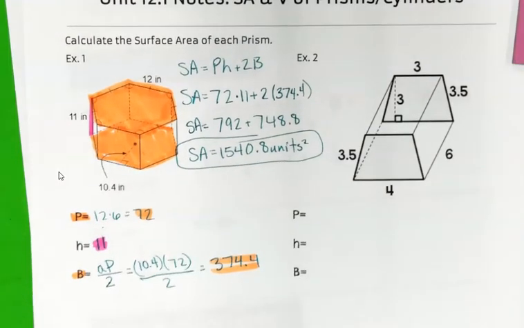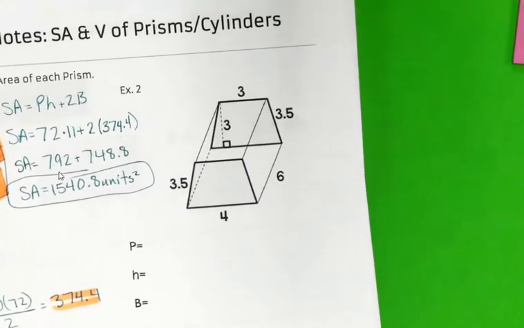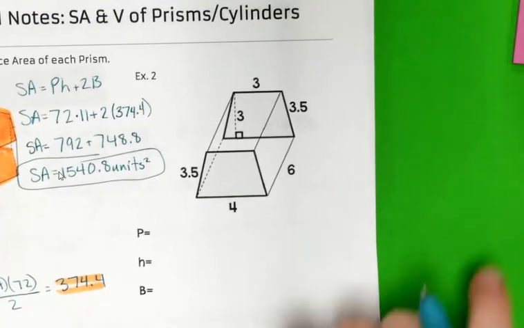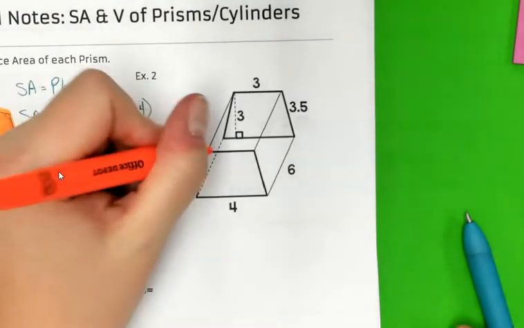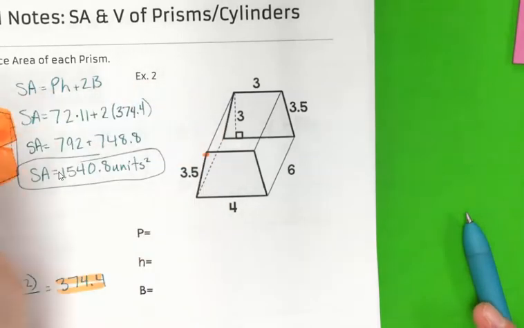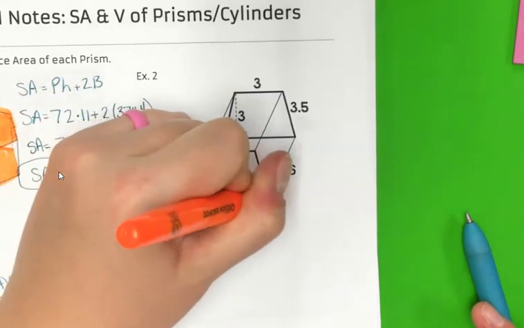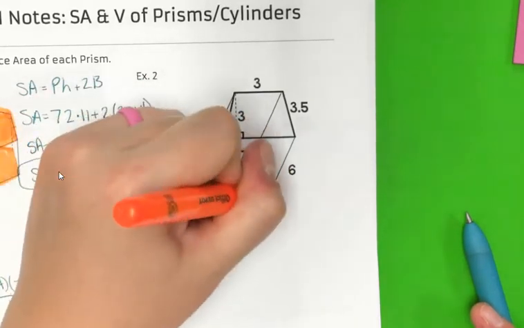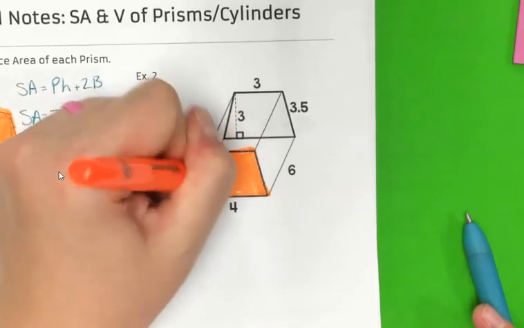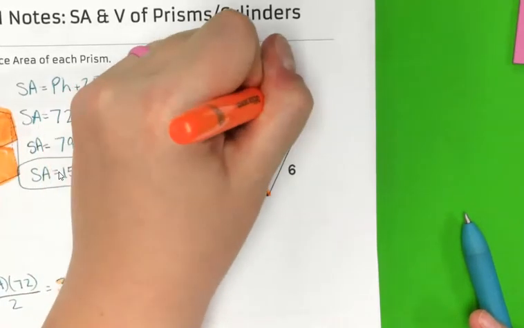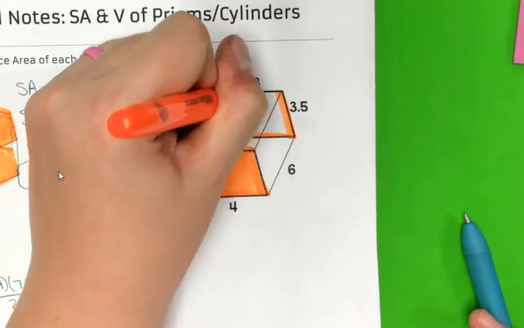All right, let's move on to the next example. So, bases. This one's a little more interesting. I think the perimeter on this is more difficult.